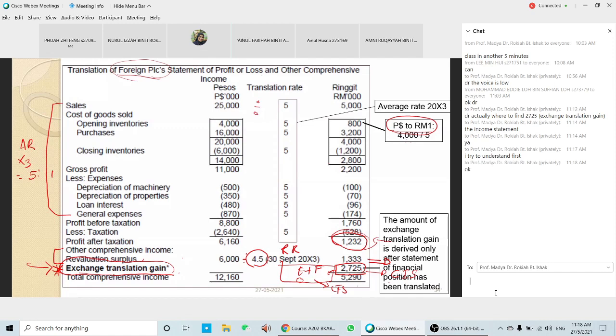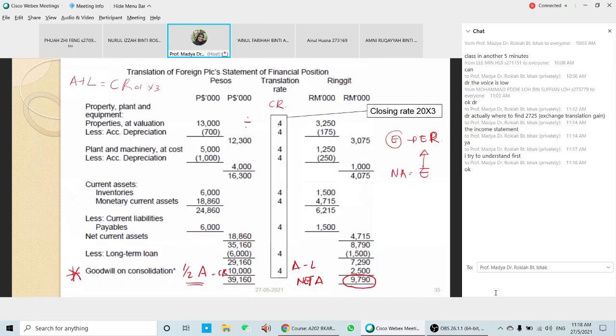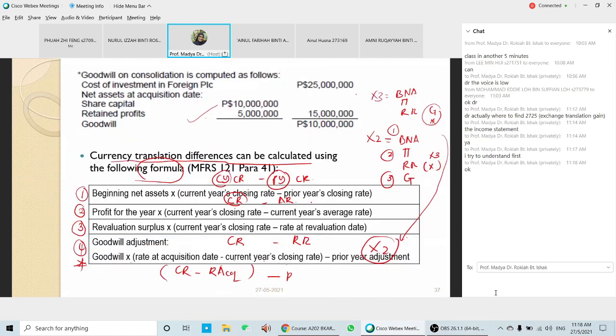Okay, so done with that one. The important thing here is this formula. It's very important. You need to remember the four items that create a translation difference. The first relates to the beginning net asset, so make sure you know how to calculate it: the current year closing rate minus the prior year closing rate.